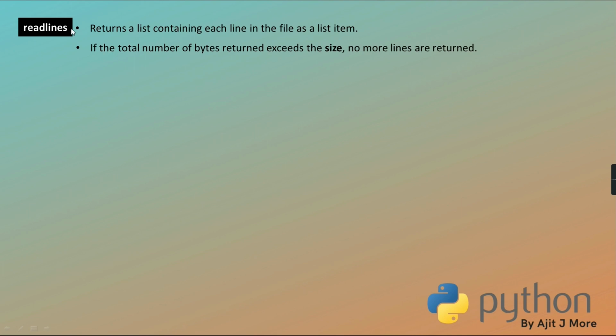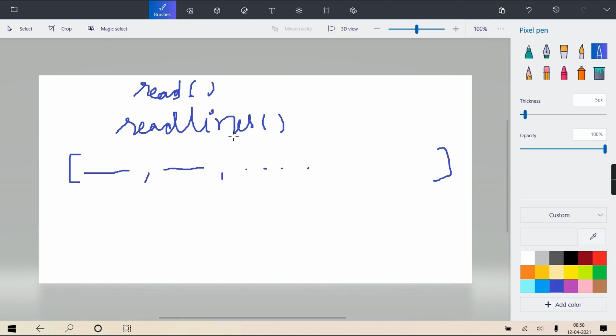So here also you can give a size, but only the lines accommodated within that size are returned. Like for readlines, suppose I give 100. Till 100, as many lines as are accommodated are returned. Suppose on the fourth line, 100 is getting over.